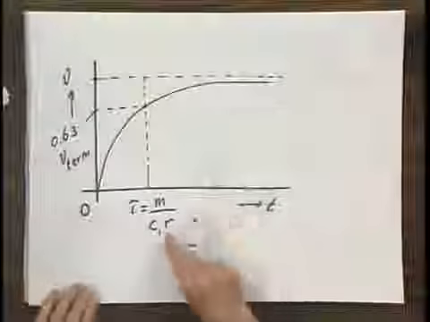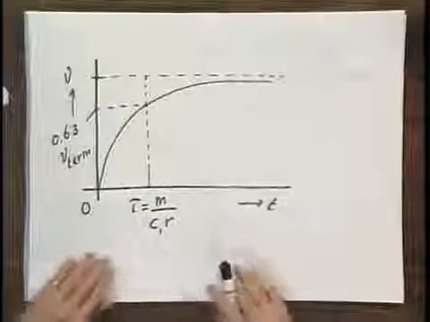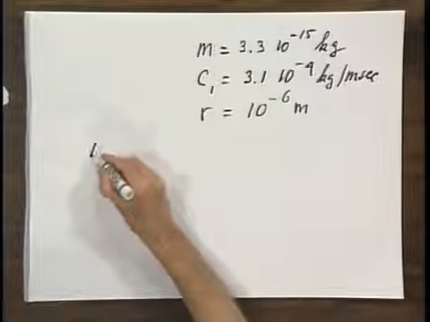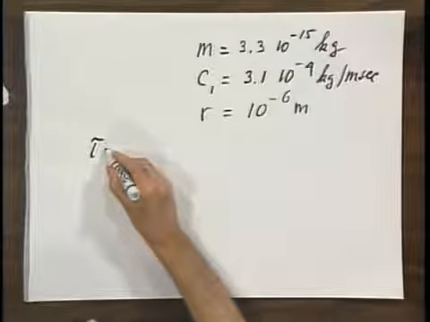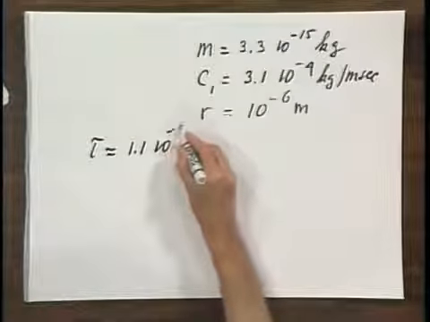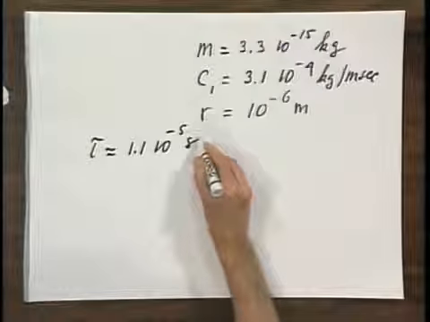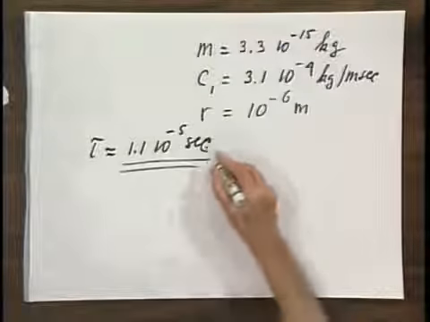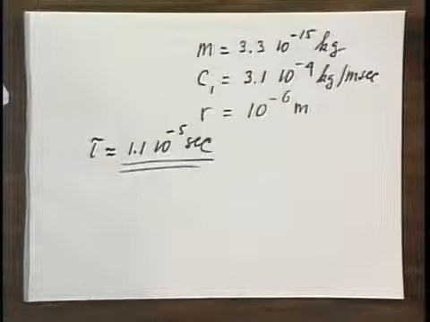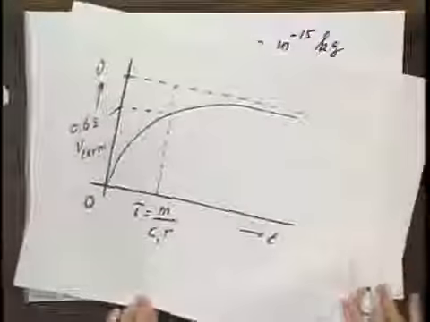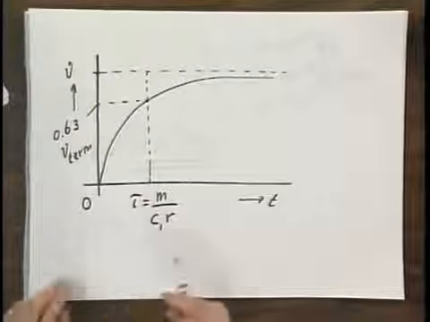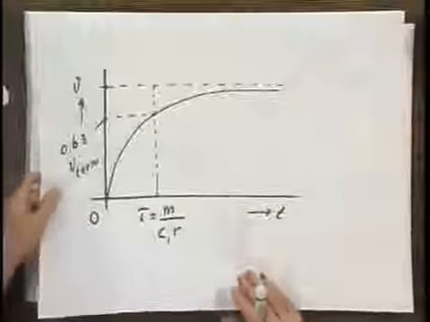If I substitute that in here, then I find tau is approximately 1.1 times 10 to the minus 5 seconds. In other words, 11 microseconds. So in 11 microseconds, the speed of the oil drop is already 63% of the terminal velocity.